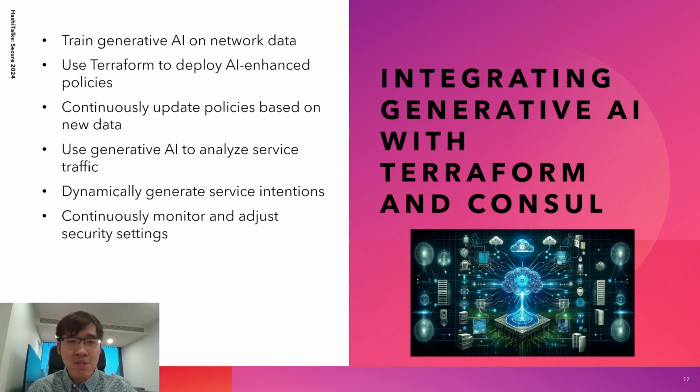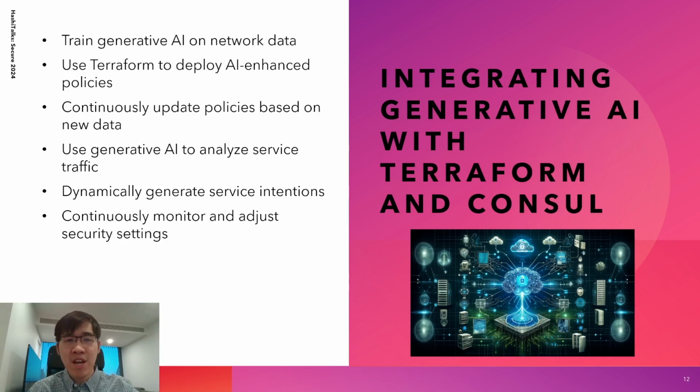You can then use Terraform to deploy AI enhanced policies. So the workflow essentially goes: training generative AI on the network data, then having Terraform deploy the AI enhanced policies that are generated from the network data that you already have. You're using this to counteract issues that might happen later.